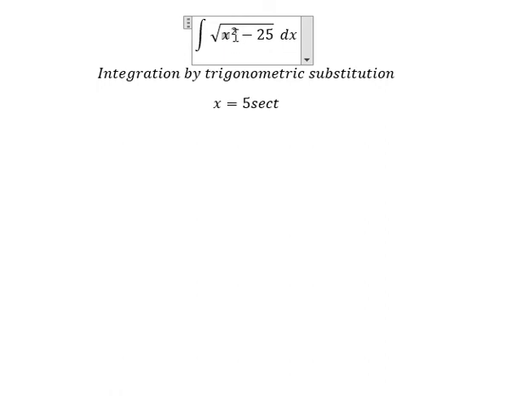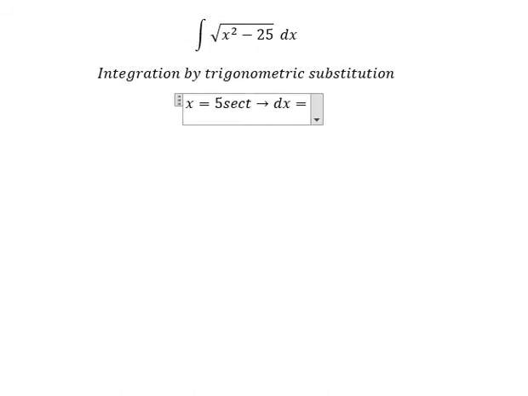Secant of t square minus 1 we change to tan t square, and later we simplify the square root. The ds we have 5 secant of t tan t dt.